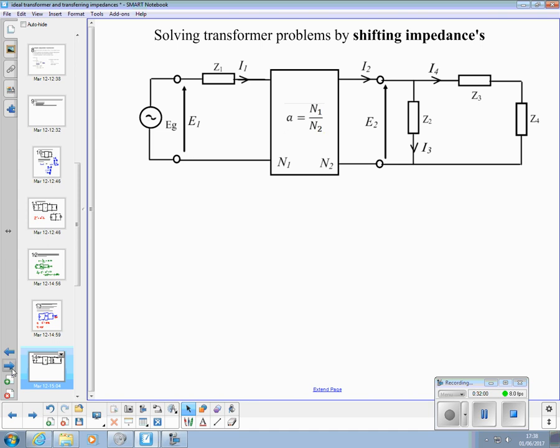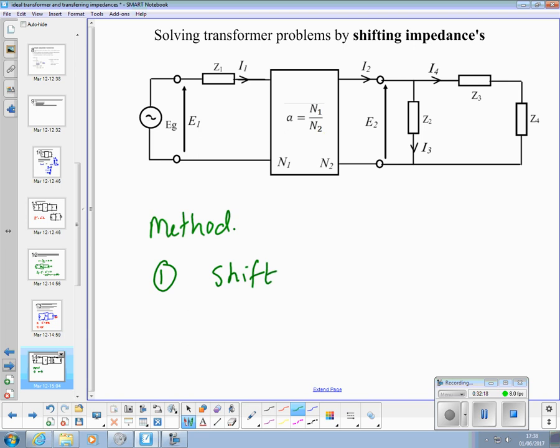All right? So, method one: shift Z2 to primary. What that means is Z2 dash, Z2 transferred to the primary side, is equal to A squared times Z2.